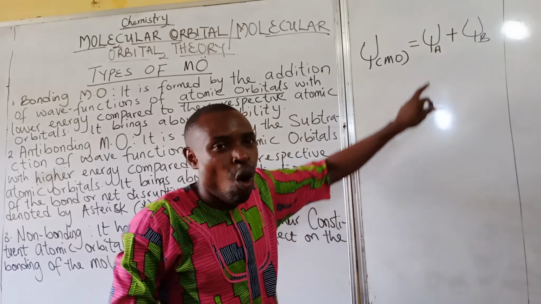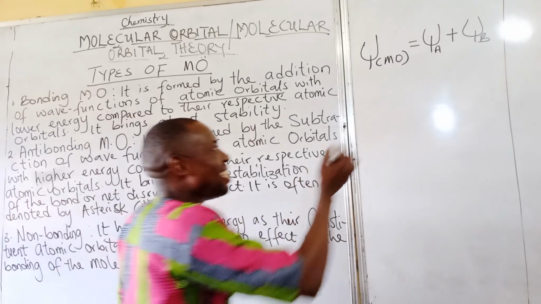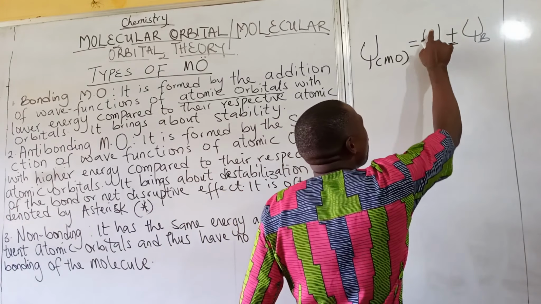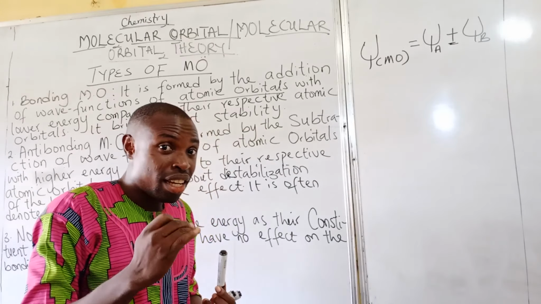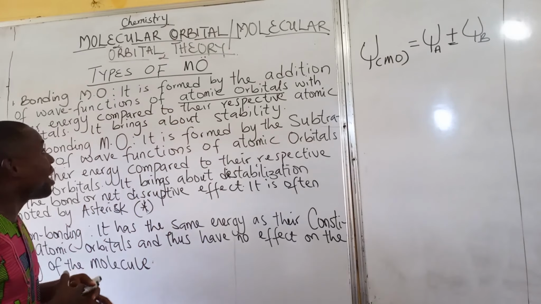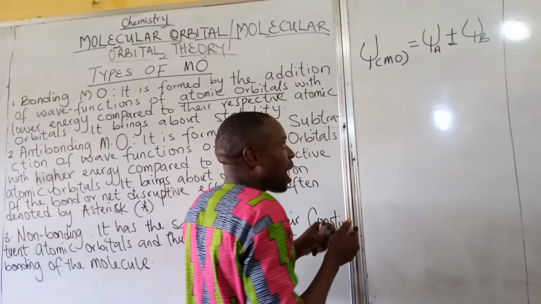B. So this is for the bonding molecular orbital. Why? It is the addition of the wave function. Just want to put that in your head. You get me? And we have established the fact that it has a lower energy. Let me give you a sketch.